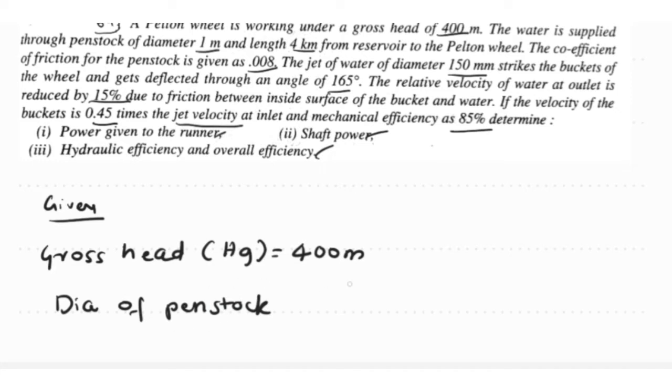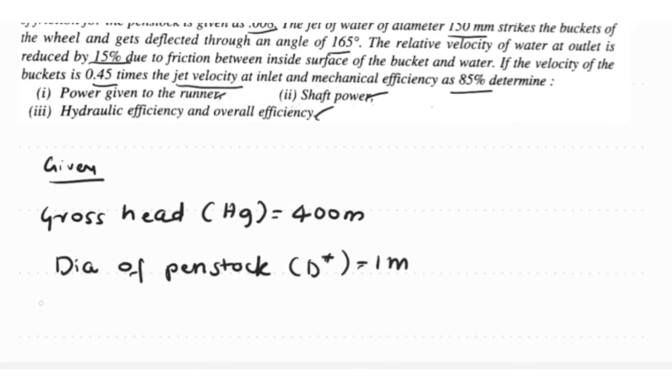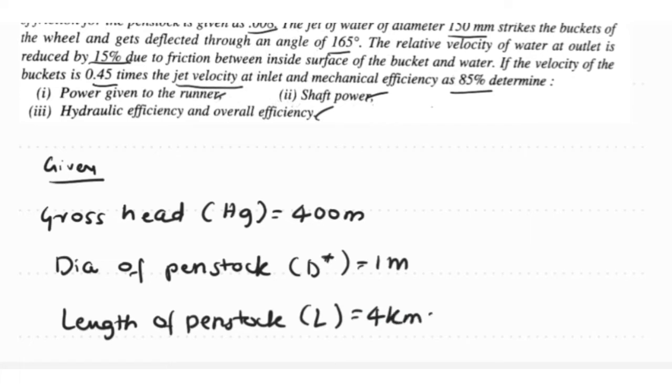I'll take it d star, equal to 1 meter, and length is given as 4 kilometer. Length of penstock L is equal to 4 kilometer, so that is equal to 4000 meter.